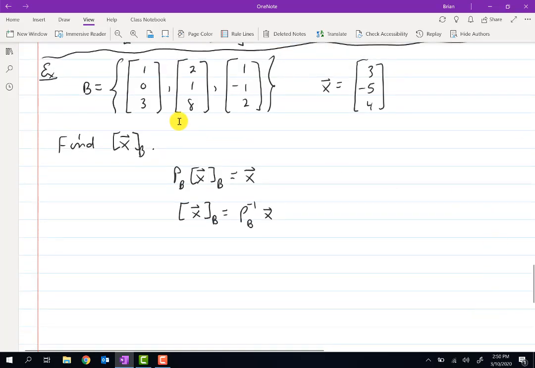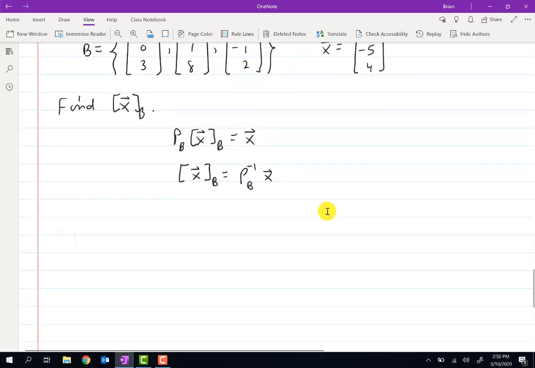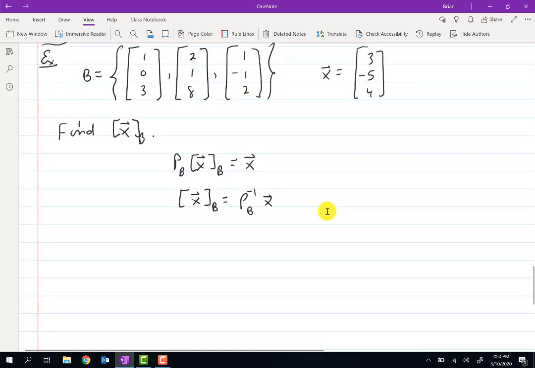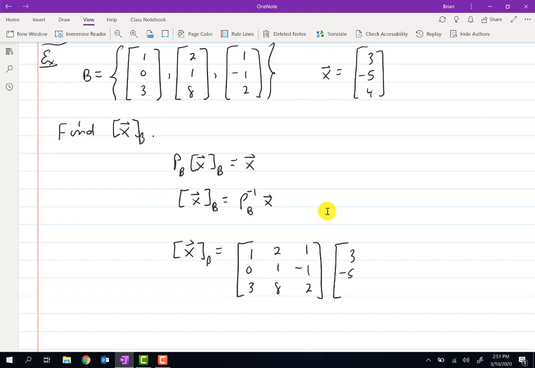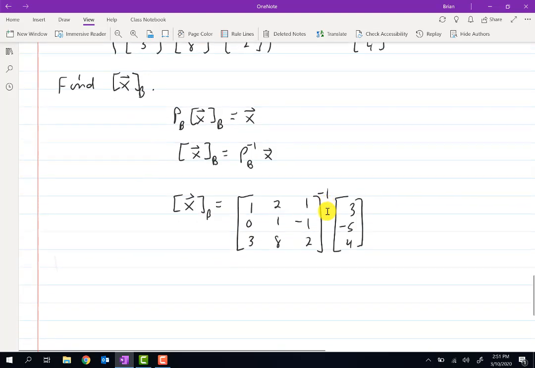You just take these basis vectors and make a matrix out of it. So this x sub b will equal the inverse of that matrix, 1, 0, 3, 2, 1, 8, 1, negative 1, 2, times 3, negative 5, 4. Don't forget this is the inverse of that matrix.